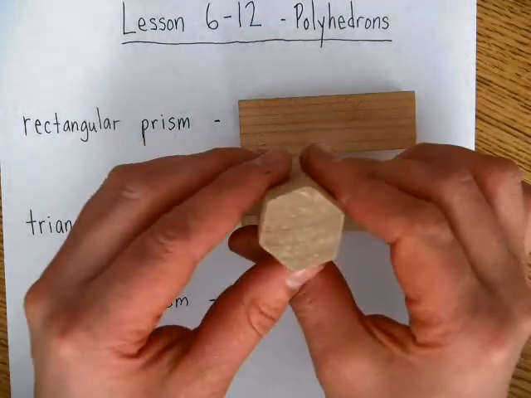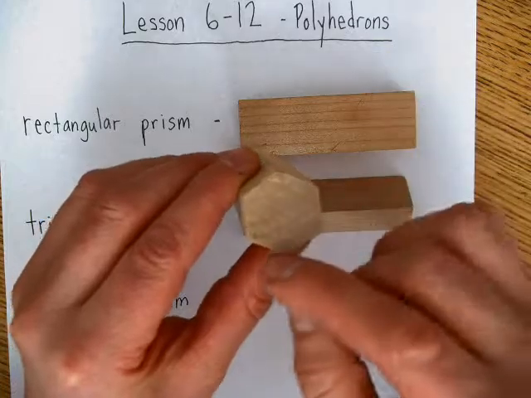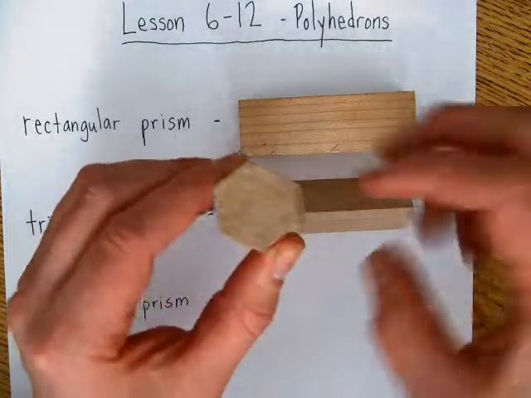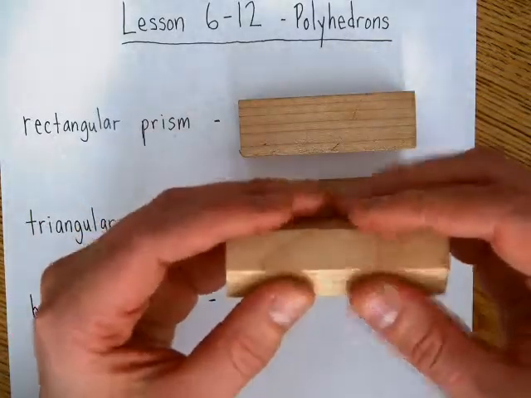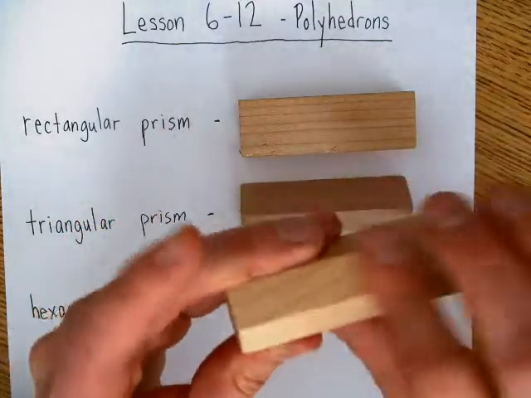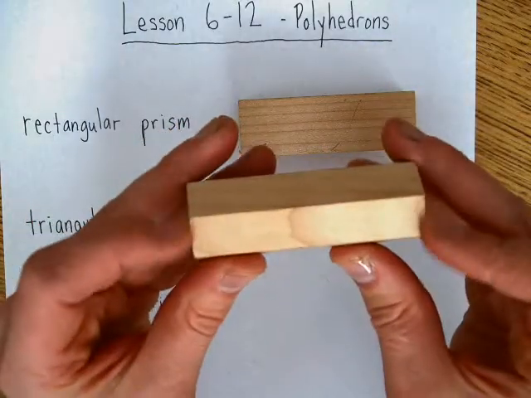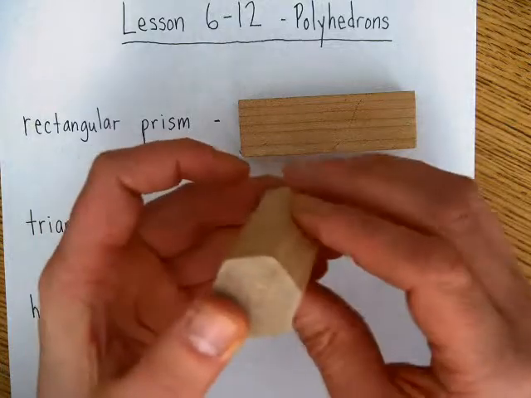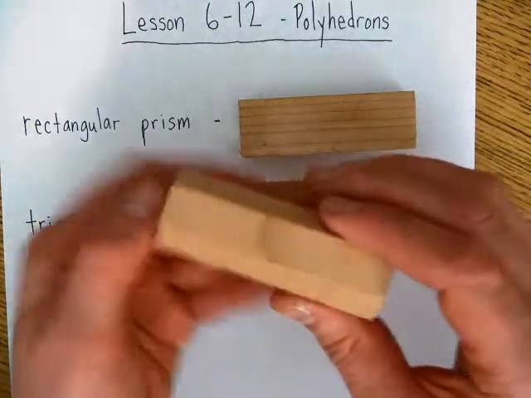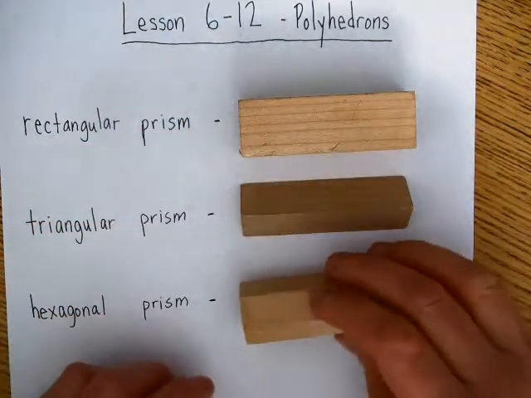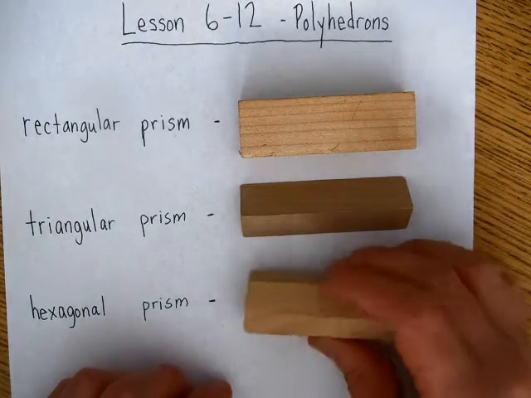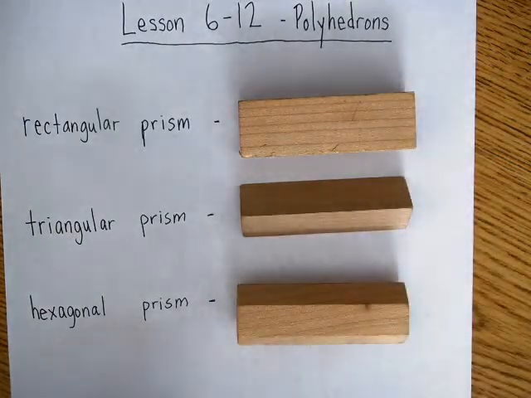So the base of a hexagonal prism is a hexagon, which means it has 6 sides. And again, the faces are these flat sides here. These are also rectangles, and they connect both the top and the bottom. So those are the 3 new vocabulary words that we are working with today.